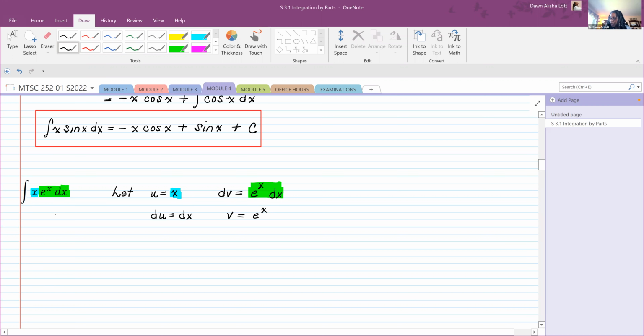Okay, so therefore this integral is going to equal u, which is x, times v, which is e to the x, minus the integral of v, which is e to the x, du, which is dx.